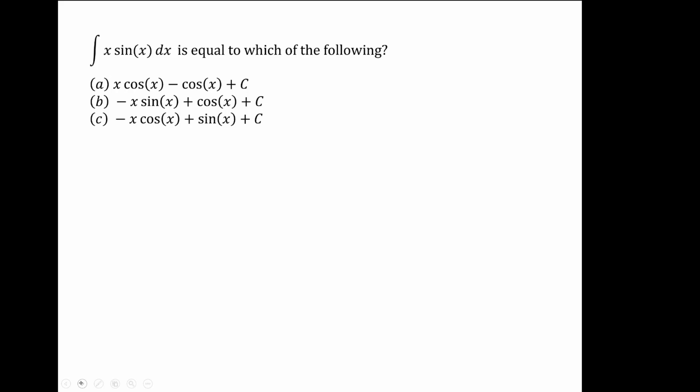What you do to check which one works is take the derivative of each one, using the product rule wherever it's appropriate. One of them will match, and the other two will not. By match, I mean when you take the derivative of the correct expression, you'll get x times the sine of x. So it's d by dx of which one equals x sine of x.